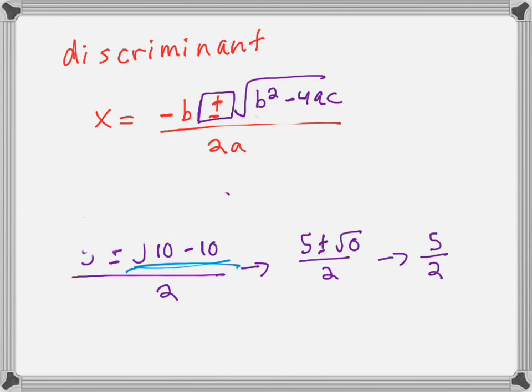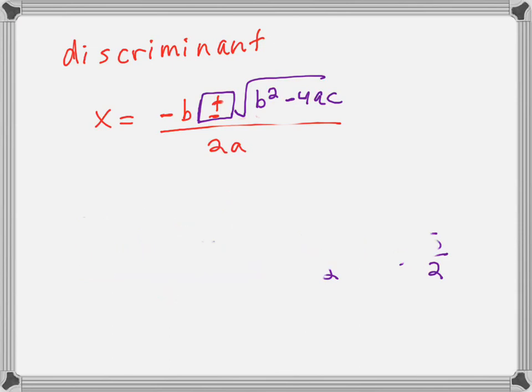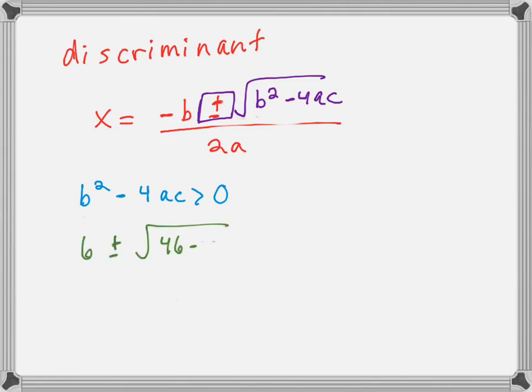Okay. Now, let's look at what happens if the discriminant is greater than 0. If we're saying that b squared minus 4ac is greater than 0, then this is going to have two real roots, and I'm going to show you why. So if we look at this example, 6 plus or minus root 46 minus 10 over 2. Again, this is not a realistic example, but that's okay.